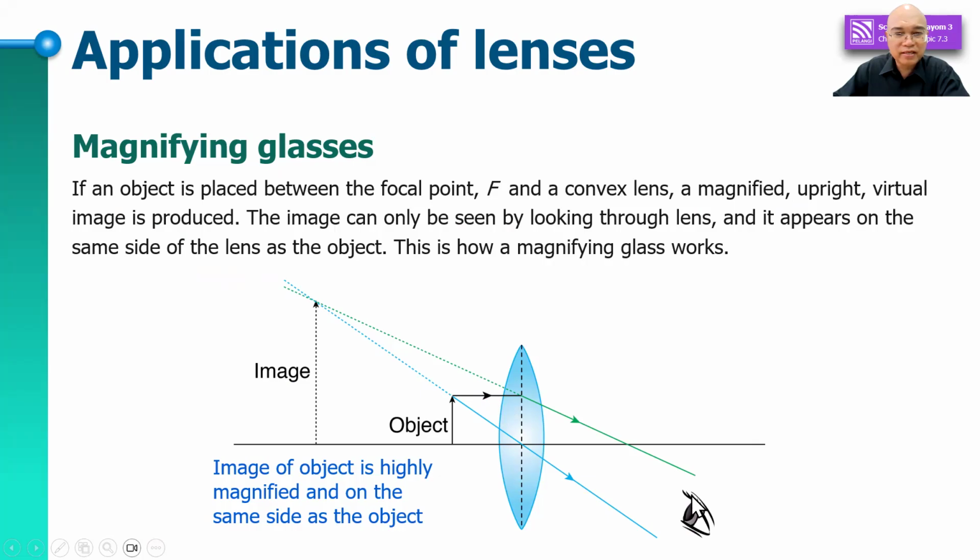All right, when you see like this, object. This is how a magnifying glass works. So the image of an object is highly magnified and on the same side as the object. This is the object, the image is right here on the same side. This is another side. This is on the same side. All right, is it clear?